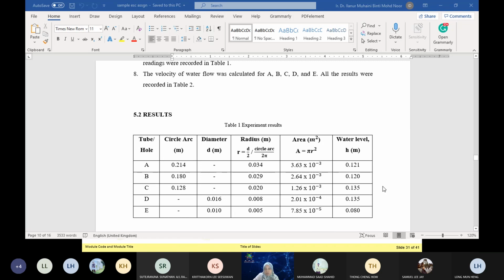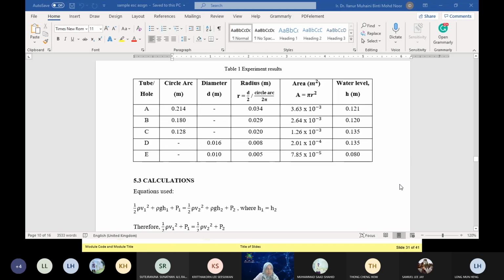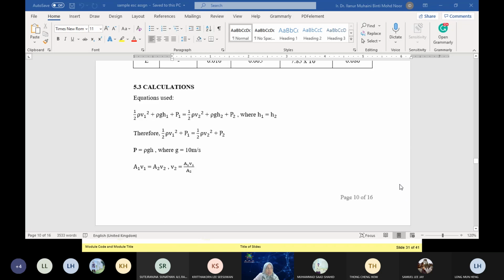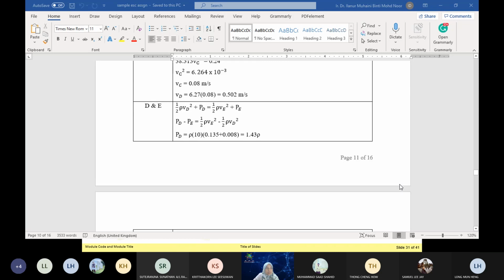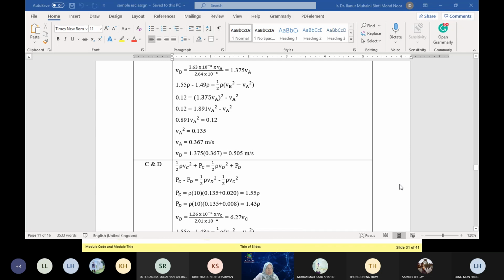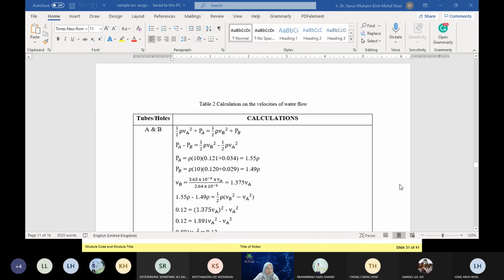This is what I mentioned just now. The result for the experiment should have a minimum 5 rows. Okay, minimum 5 rows. Sample only this one. And then got calculations. And why have many calculations? Because he calculates for different tubes.